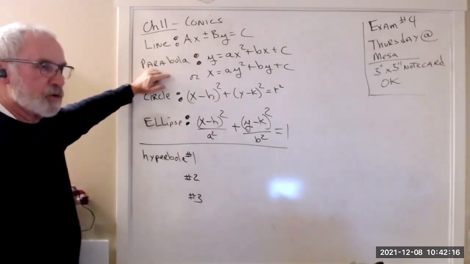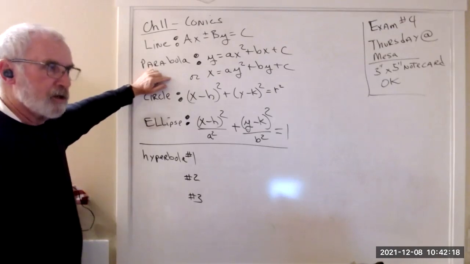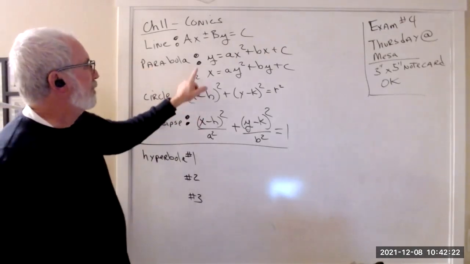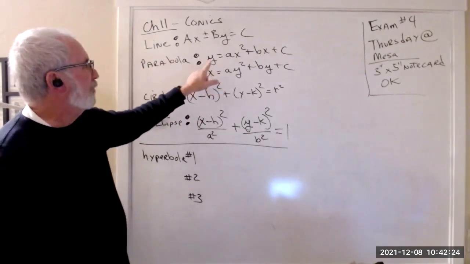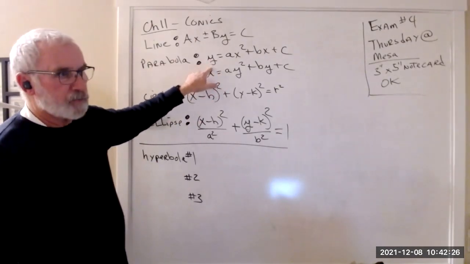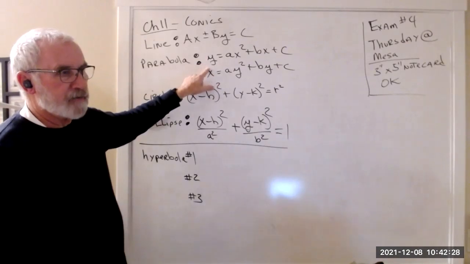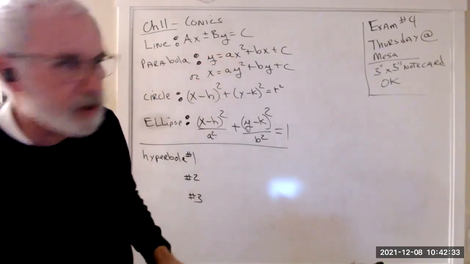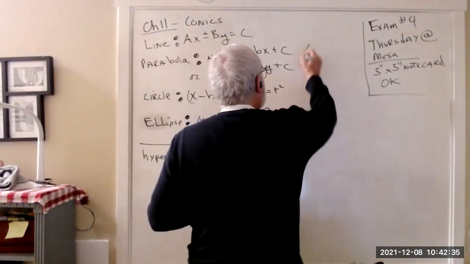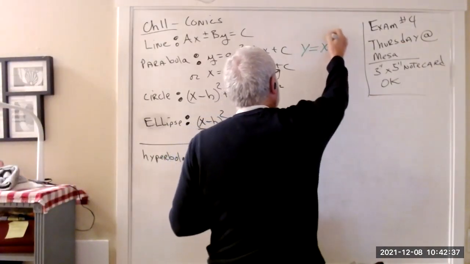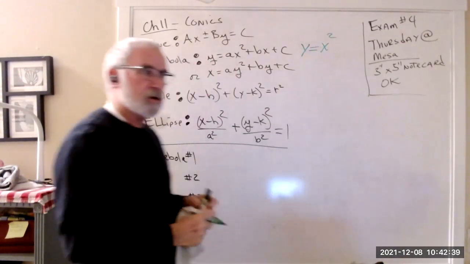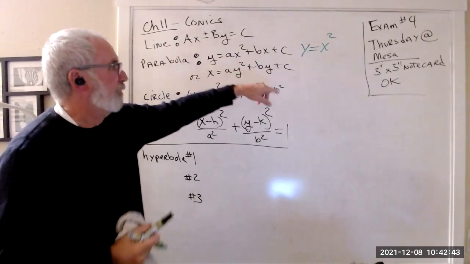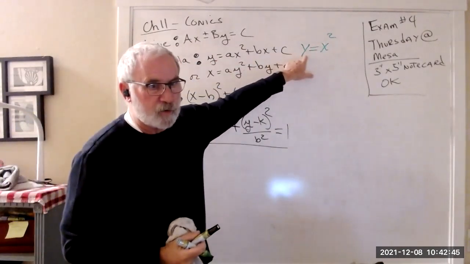Then we studied parabolas, and we're going to go into more detail, or more review, on parabolas. But notice the key feature of a parabola is, in this problem, Y does not have a power, X does. So if you strip away all the fancy stuff, this is essentially Y equals X squared.